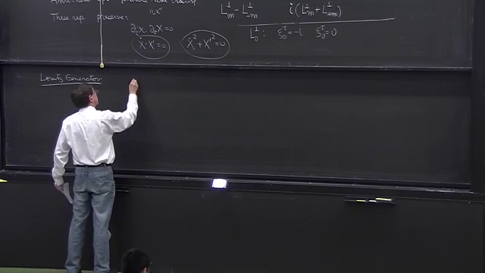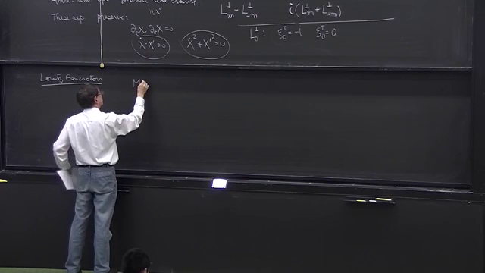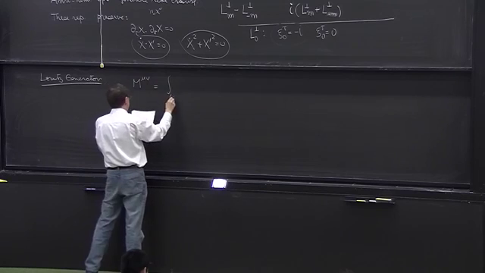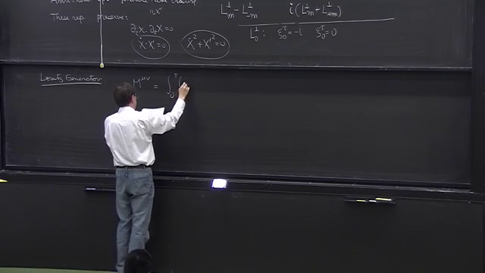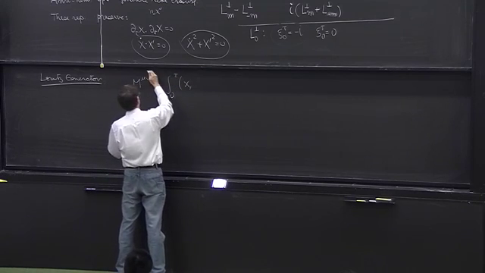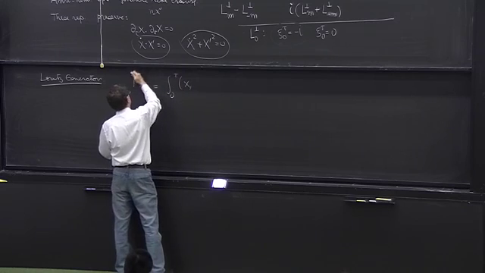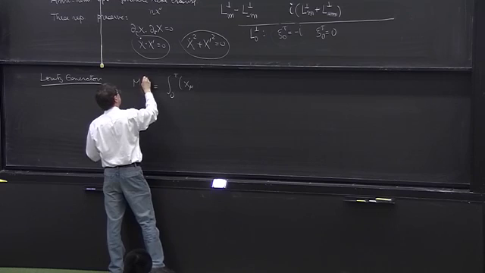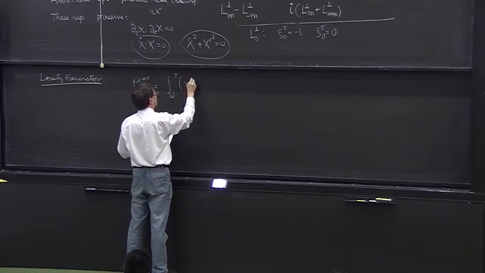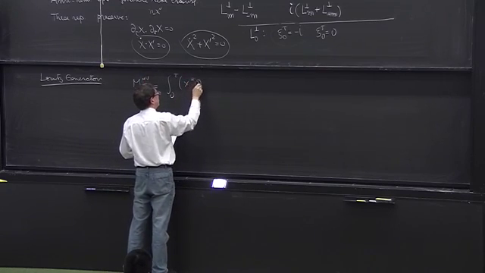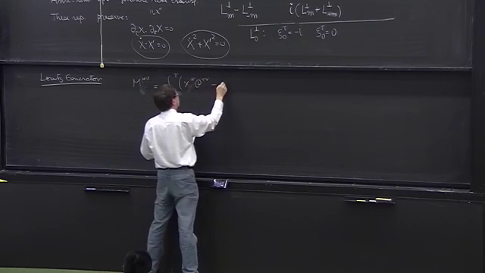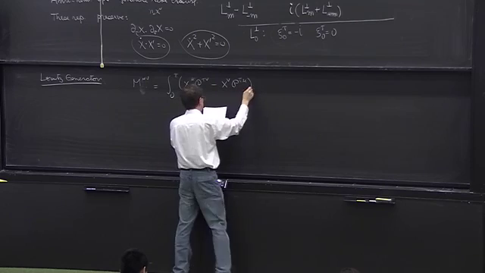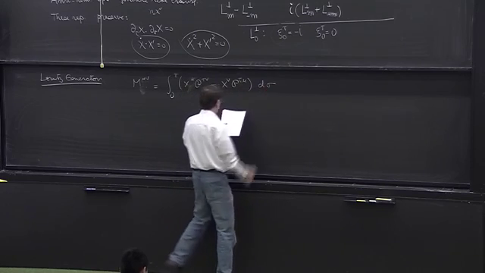You've calculated and discussed some of these Lorentz generators. It's M^{μν}, which for the string is given by the integral over σ of (X^μ P^{τν} − X^ν P^{τμ}).